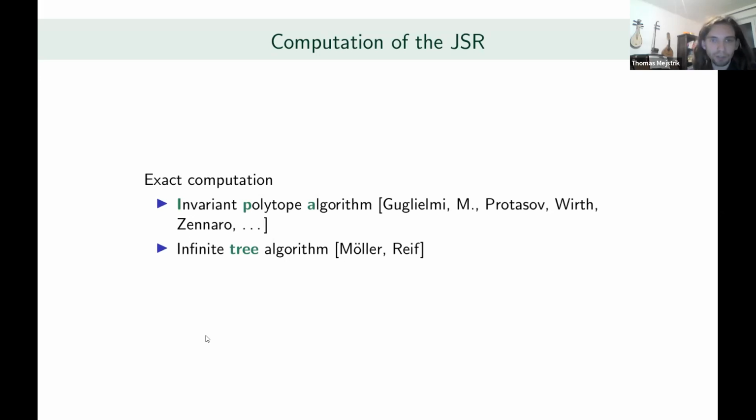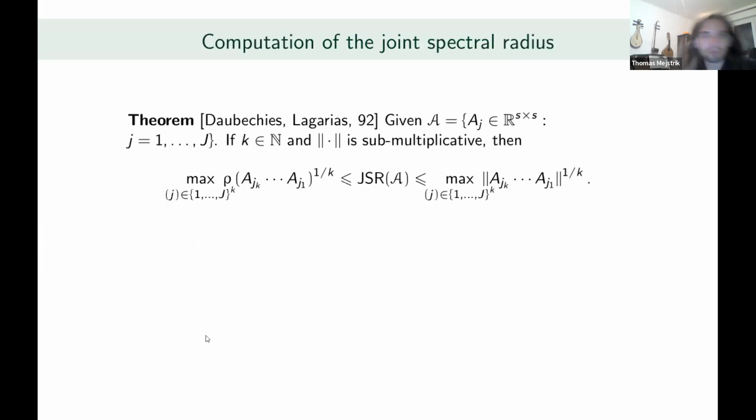One of them is the invariant polytope algorithm. I will abbreviate it with IPA in the following, and another one is by Claudia Möller and Ulrich Reif. Uli will have a talk tomorrow. But in the following, I will only talk about the IPA. It uses one theorem by Daubechies and Lagarias from 1992.